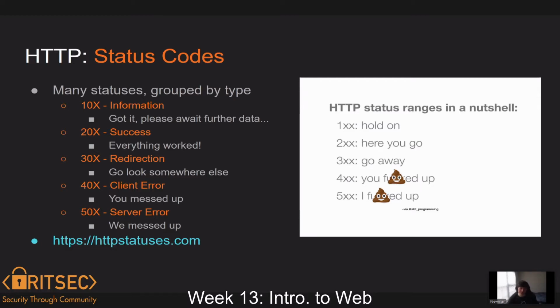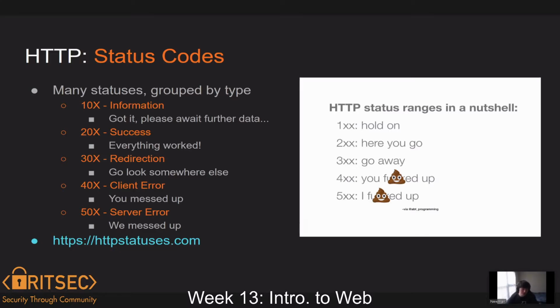They're not used that often, but it usually means here's a little bit more information, now wait for the real response. It'll come later. The 200s are just general success codes. Each one has a slightly different meaning, but usually they mean whatever you asked the server to do was successful.